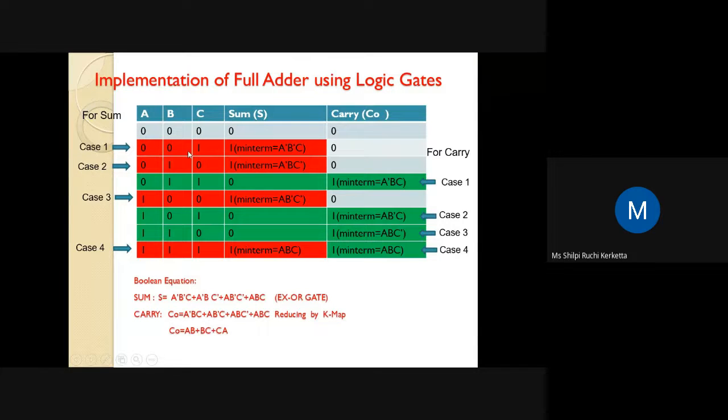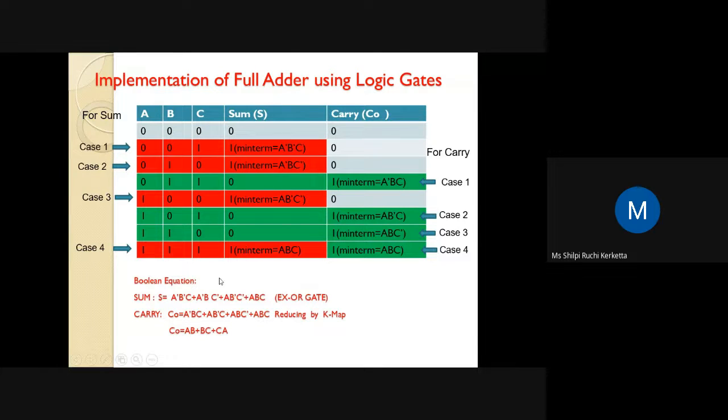So that is 0, 0, 1. So it will become A dash into B dash into C, which can also be written as A bar into B bar into C. So this is our first term. So here we have written it as our first term. Again, for the second case, we are getting a 1 over here. So it is A dash into B into C dash, or A bar into B into C bar.